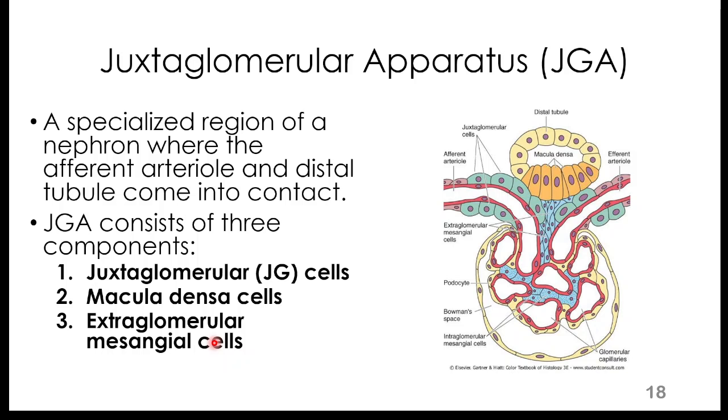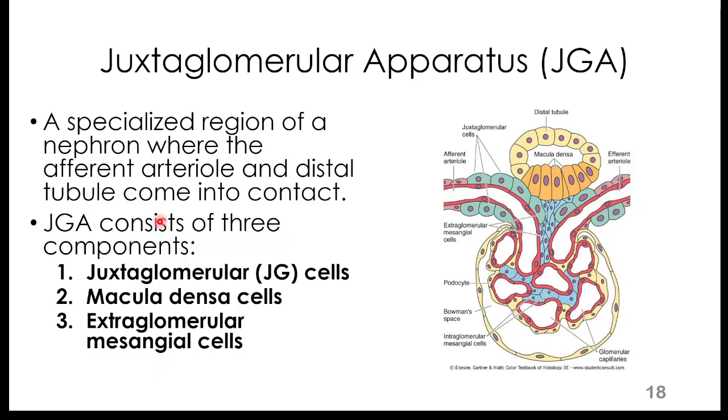Again, in case anyone is still not sure, the afferent arteriole is the arteriole that brings blood that leads into the glomerulus, through which blood enters the glomerulus to be filtered, whereas the efferent is a continuation of that, the post-capillary arteriole through which blood exits the glomerulus.